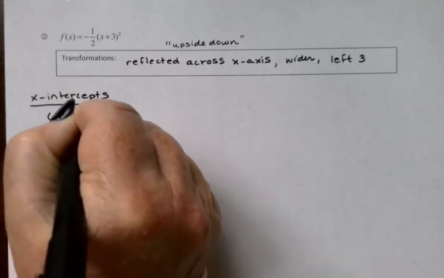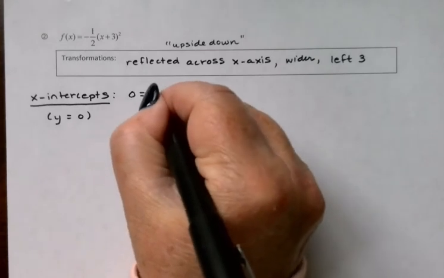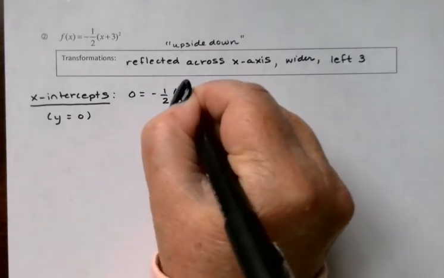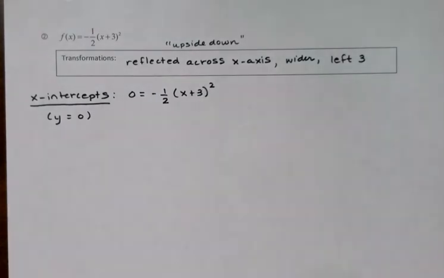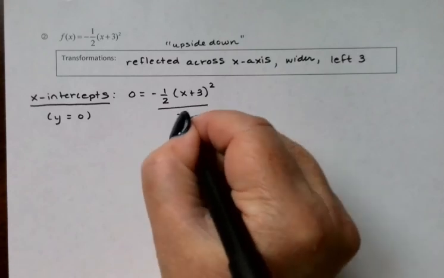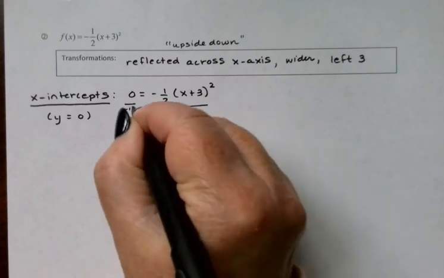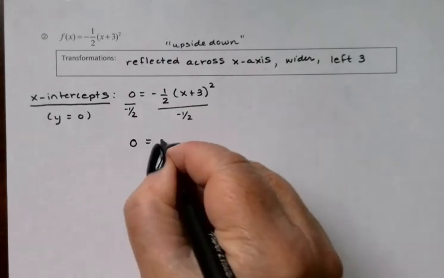Putting y equal to 0. I'm going to start by dividing both sides by that -1/2. But of course 0 divided by -1/2 is still 0.